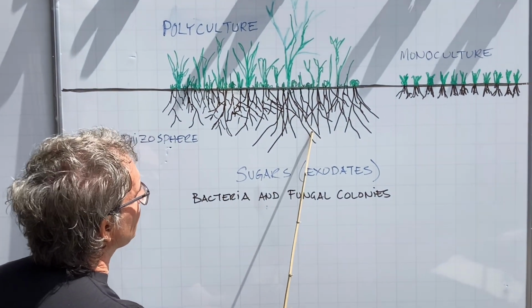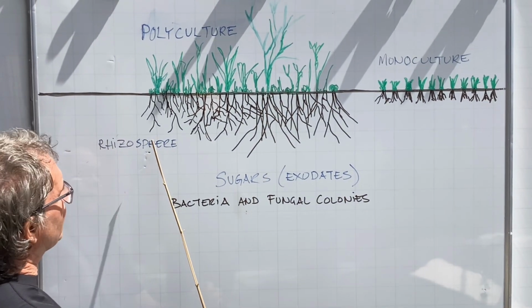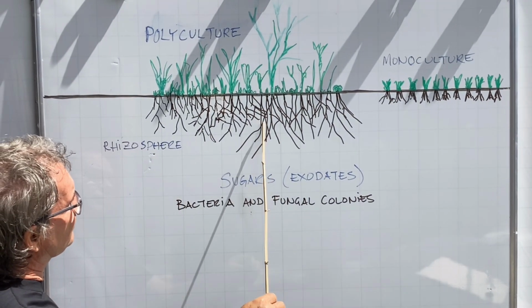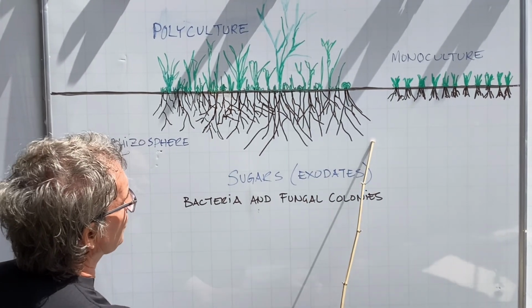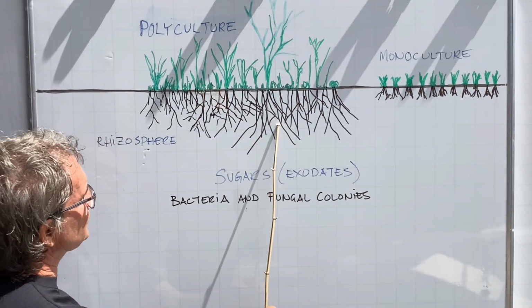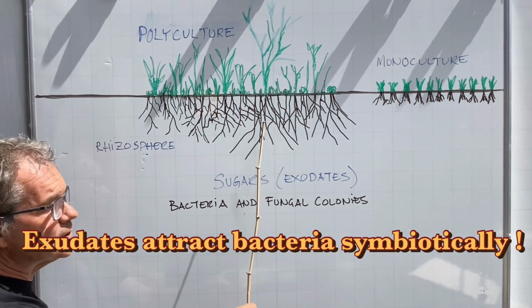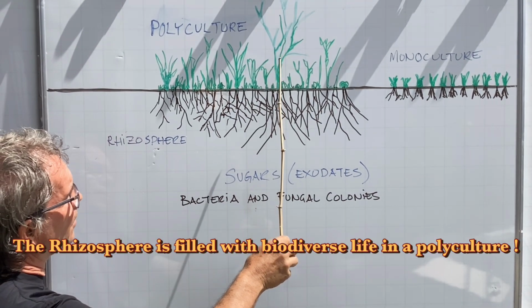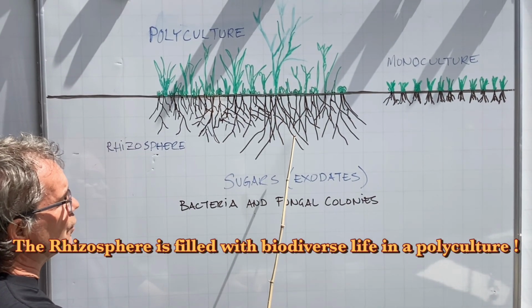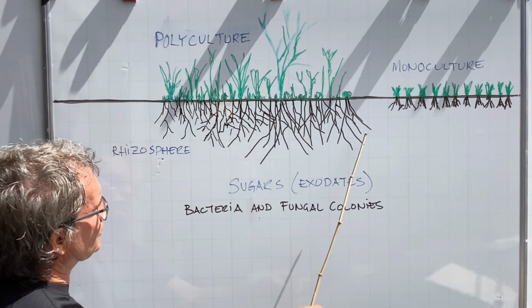This area here is an exchange area. So the rhizosphere releases sugars, which are exudates, into this zone. And what happens in this zone is these bacteria and fungal colonies are attracted by this sugar that the plants are willing to donate in a symbiotic relationship to this zone.